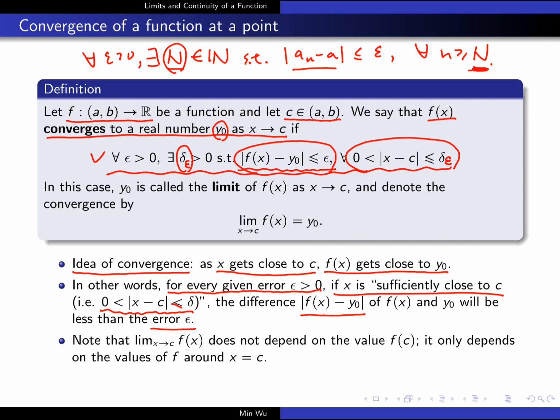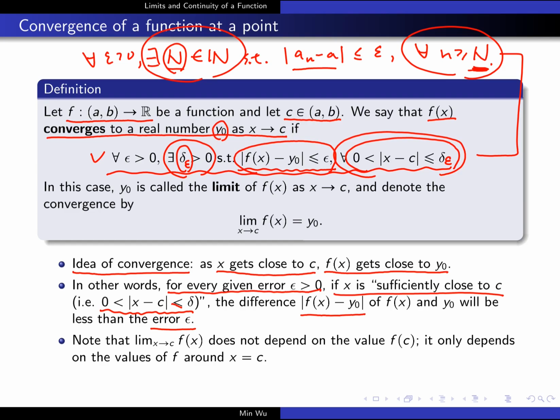So the idea is basically parallel. The only difference is here and here. It is replaced by delta_epsilon greater than 0, and for |x - c| less than or equal to delta_epsilon.